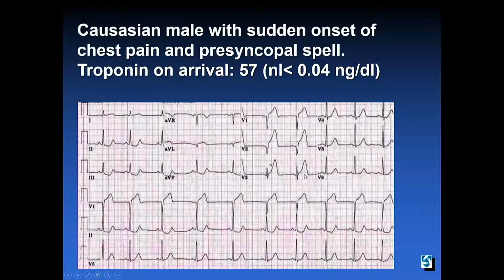There's diffuse ST elevation here in lead AVL, AVR, lead 1, V1 to V3. Also there's ST depressions in the inferior leads as well. So, it's a little puzzling whether this is actually an acute infarction or other causes as well. Certainly with the extremely high troponin is very concerning.